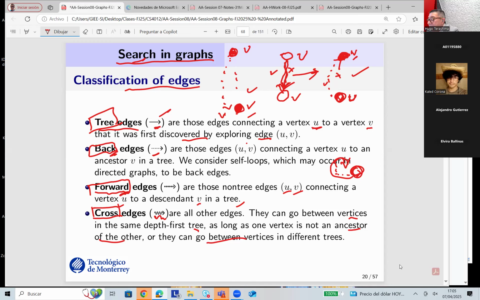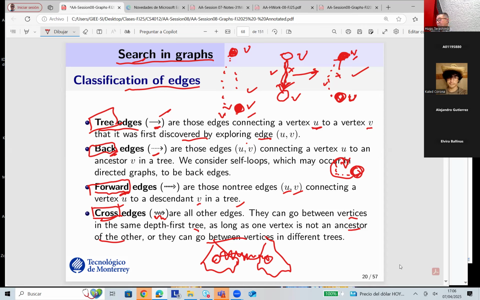Sometimes that happens. I have a node here that belongs to a tree, and this is another tree that I explored already, and there's a connection between this and this. So this is a kind of cross edge, what it's called here. So those are the different edges that you can find when searching in trees.